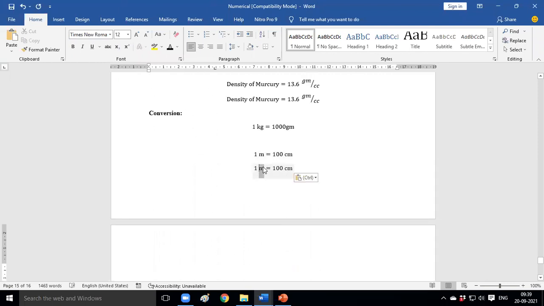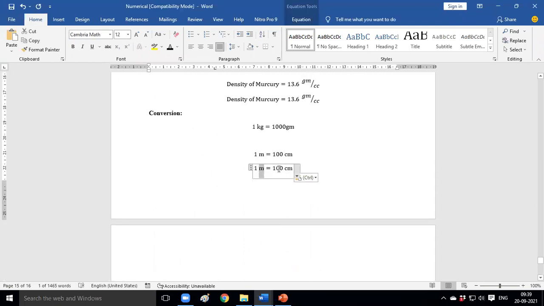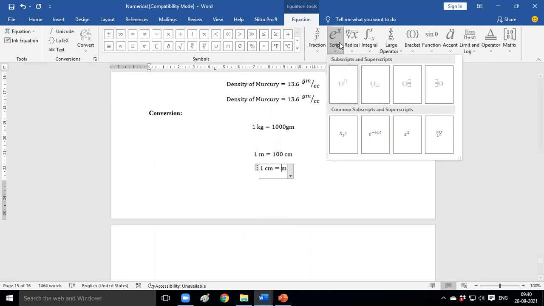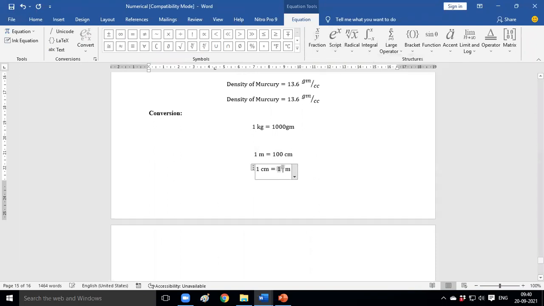Similarly, 1 centimeter is equal to how much meter? 10 to the power minus 2. Yes, 10 to the power minus 2.